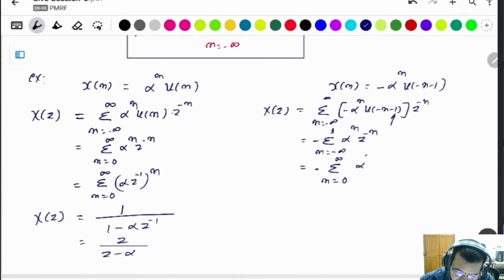The alpha power n term in the end will be negative, so this will be minus of the summation with terms like alpha power minus n minus 1 into z power n plus 1.